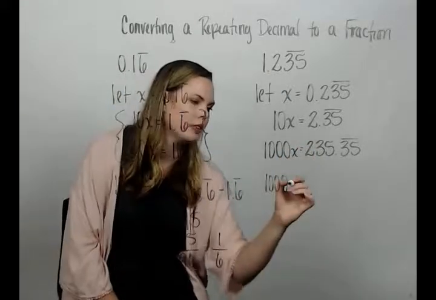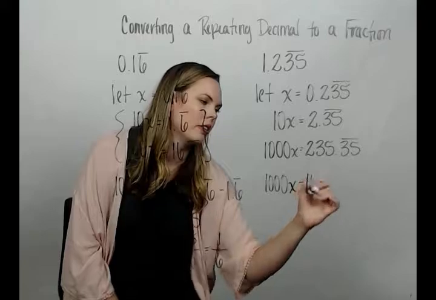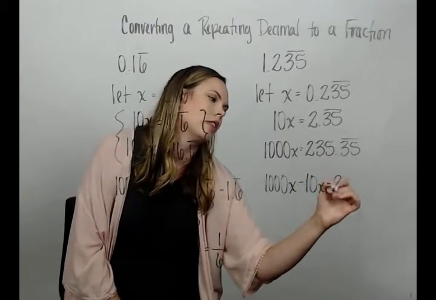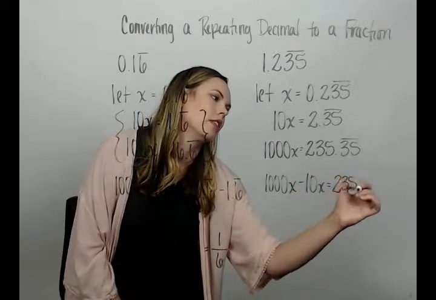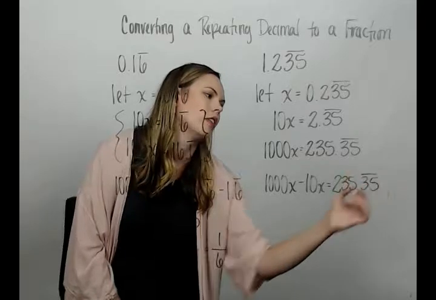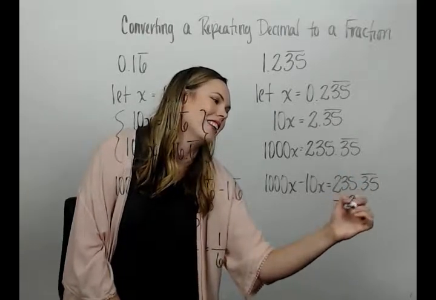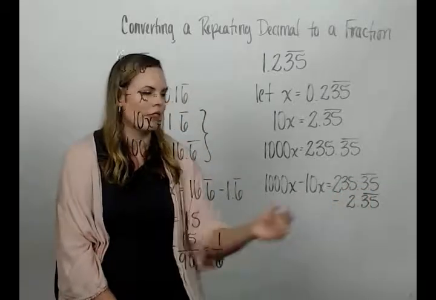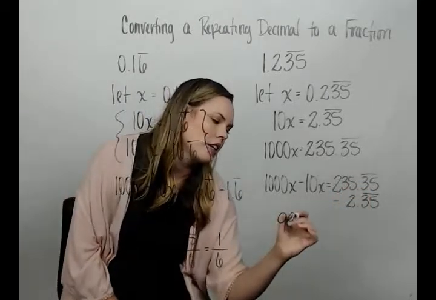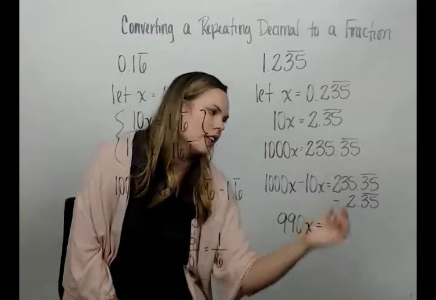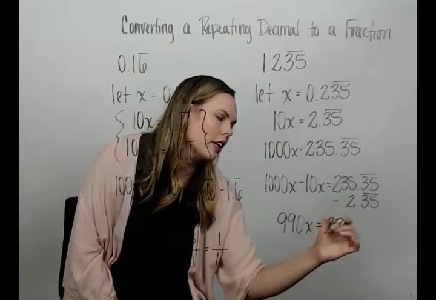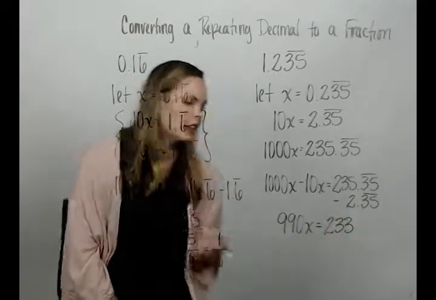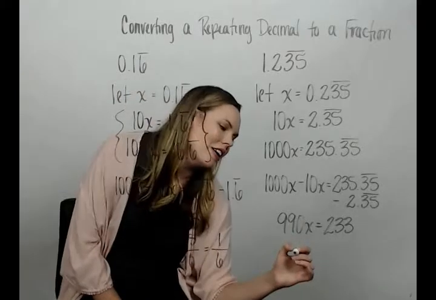All right. Put this right here. Okay, so this becomes 990x over here, and then in this subtraction we get 233. And then we do our division.